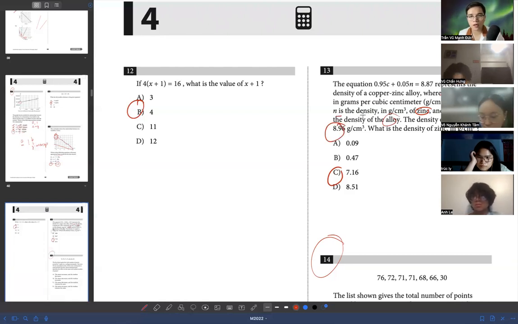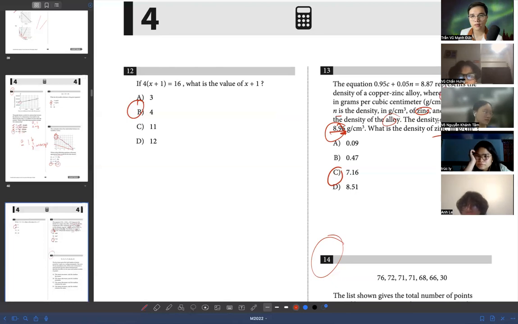So basically, what are you doing? Yeah, copper is this, and they ask for zinc. How can you find the density of zinc? Because they just gave you copper.